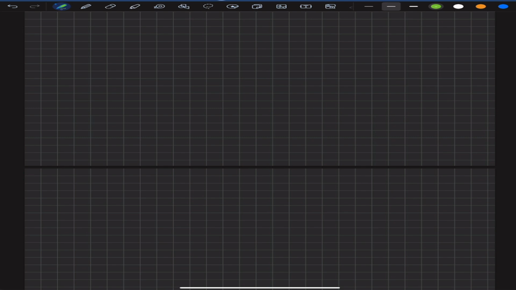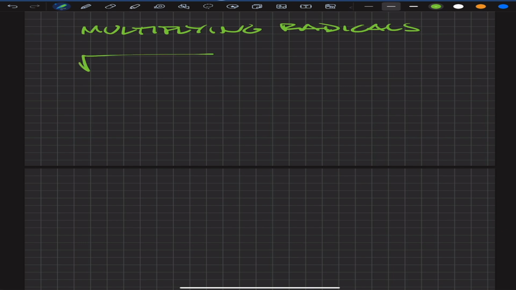This one is multiplying radicals. And for lack of providing another problem, I'm just going to use the one that was here.